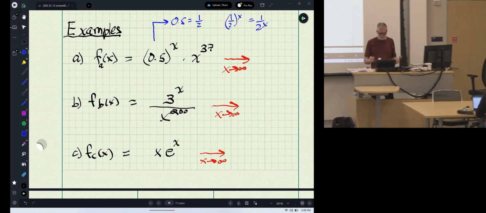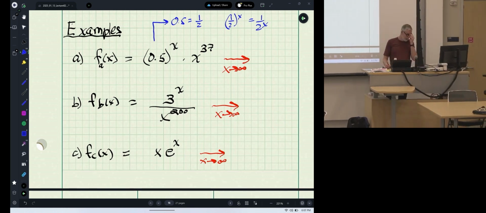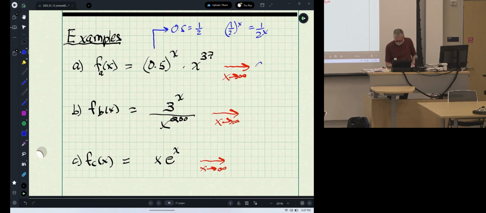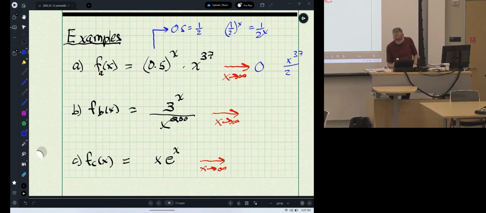A would be 0. Okay, so we have a proffered answer from online that the answer to the first one is 0. Anybody disagree with that? That's how math works, right? Majority rules? No. Yeah, the answer is 0, and it's because x to the 37 over 2 to the x.